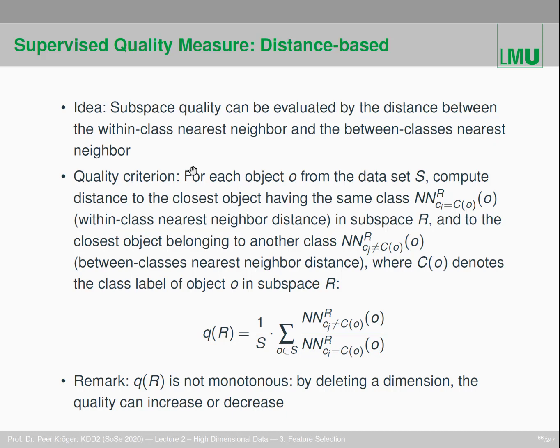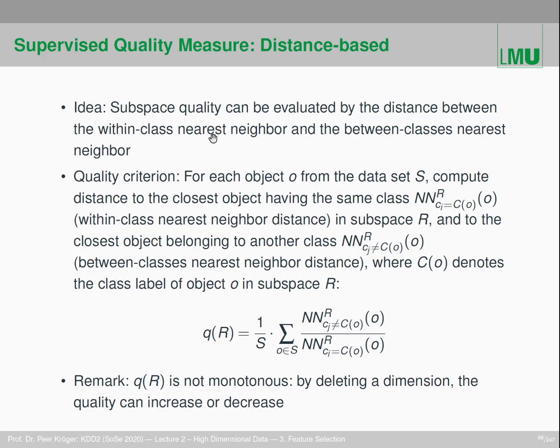Some proposed quality measures for this backward elimination are, for example, a distance-based approach. The idea, again in a supervised setting, is we want to evaluate the quality of a subspace by the distances between the within class nearest neighbor and the between class nearest neighbor.